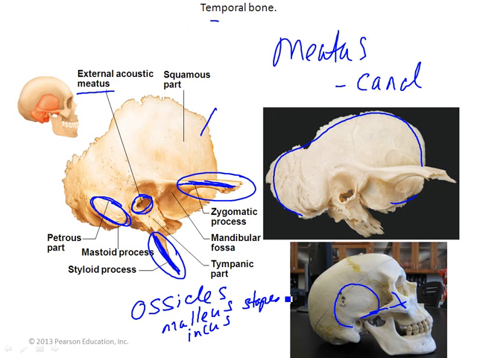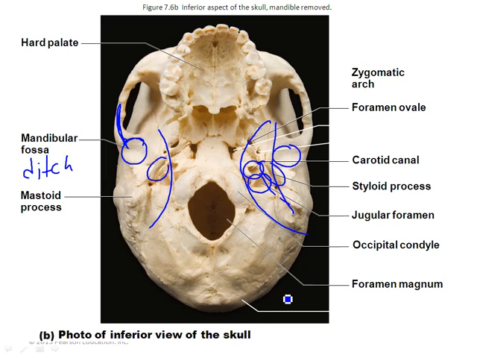Those are the three bones inside the ear that vibrate together to transmit sound. We'll talk about that in Unit 5, in the nervous system. But those are also incorporated into your temporal bone. They're not actually connected. They're just inside that part of the cranium. I think that's all there is on the temporal bone.